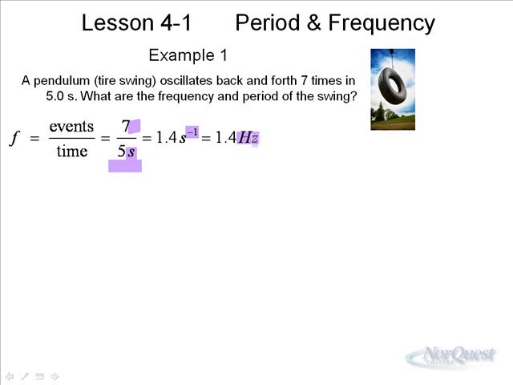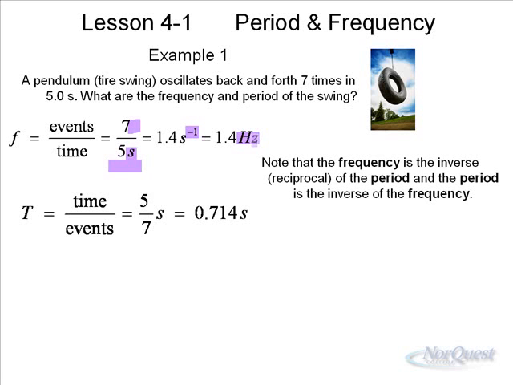The per second, or the second to the -1, or we often call this the hertz. All right? And of course, the period is the inverse. Instead of number of events in a given unit of time, it's the time for a certain number of events. We like to put it down to the time for one event. And so you take your 5 seconds for 7 oscillations, and you get 5/7 of a second, or 0.714 seconds. So that is the period of this particular oscillator.